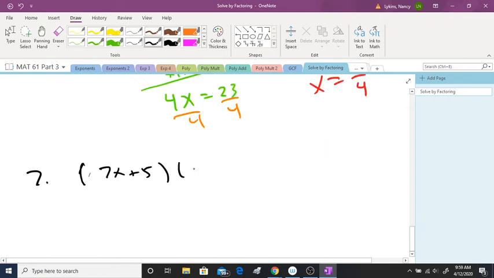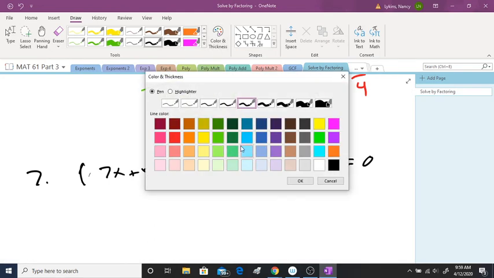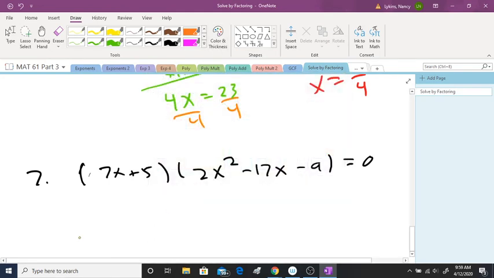And then I'm going to have 2x squared minus 17x minus 9. Now, we cannot do anything with the first set of parentheses. But the second set, we can do what I did in my previous one.